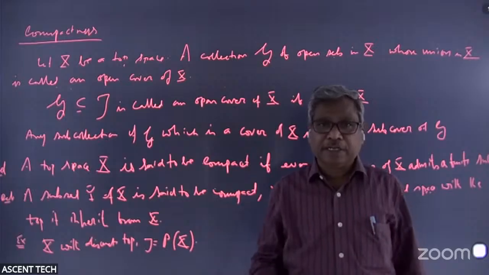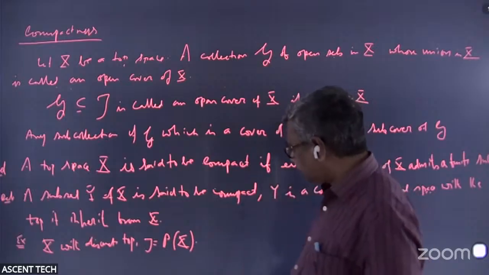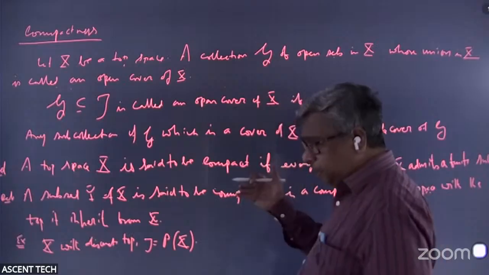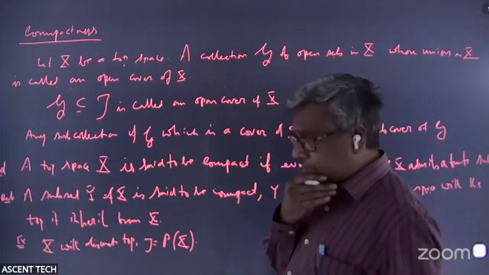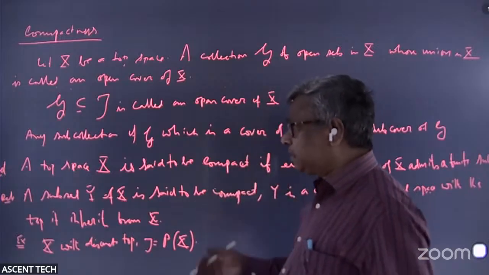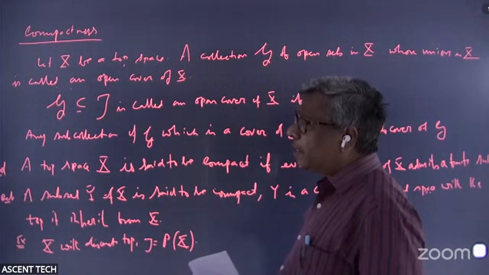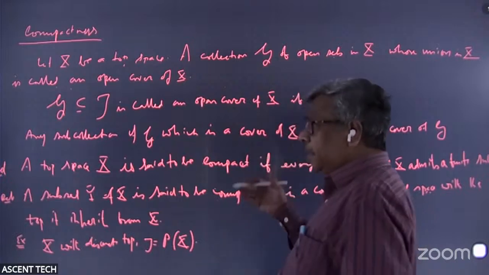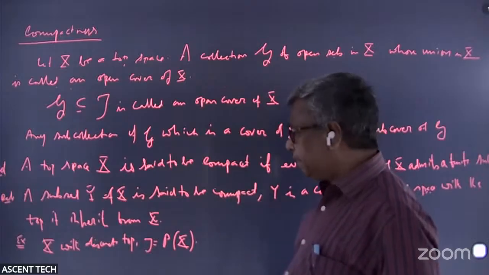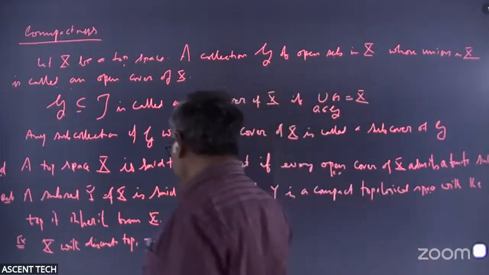You cannot drop any one of them. So infinite sets are not compact. Compactness is a very rigid condition. Of course, in a general topological space, I can have big chunks. Even then, there may be infinite subsets that are compact, depending on what the space is, as we'll see.